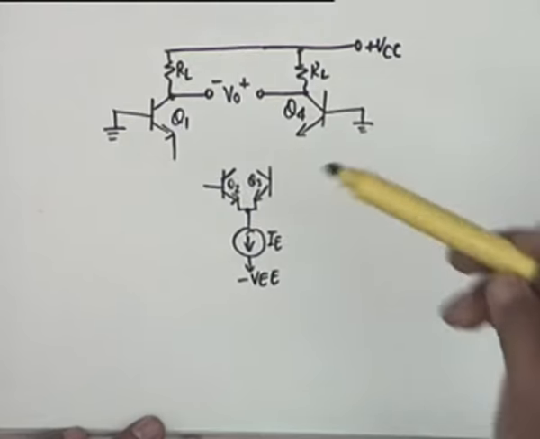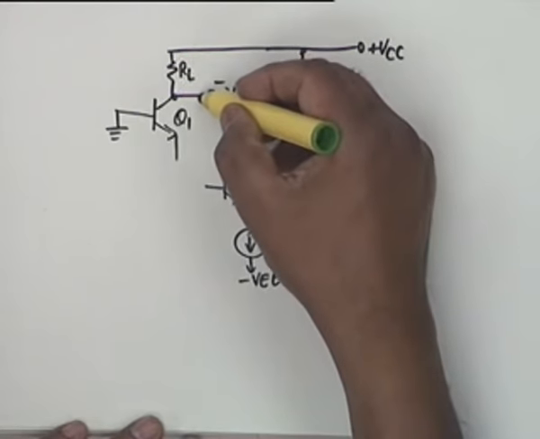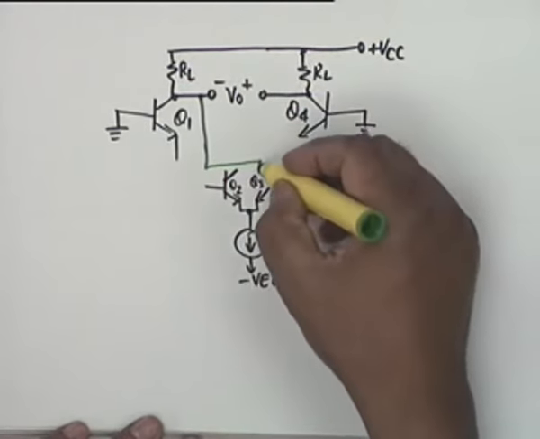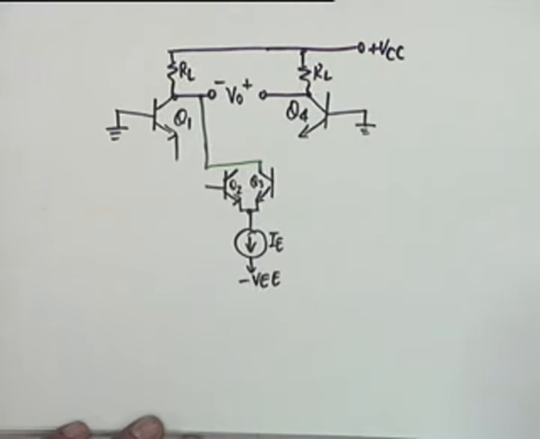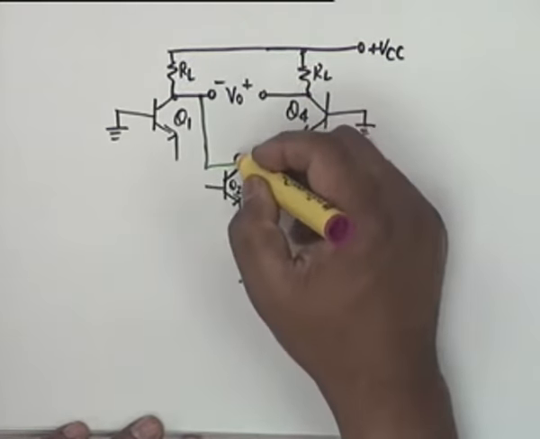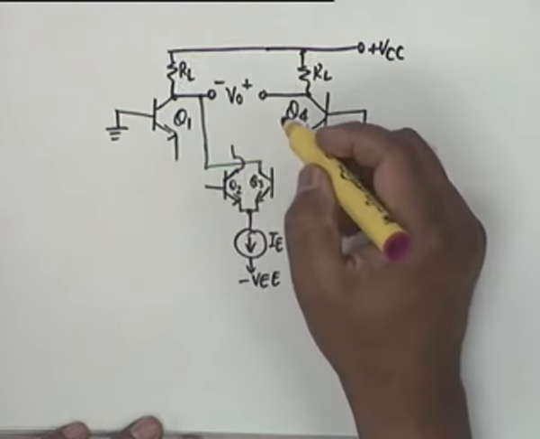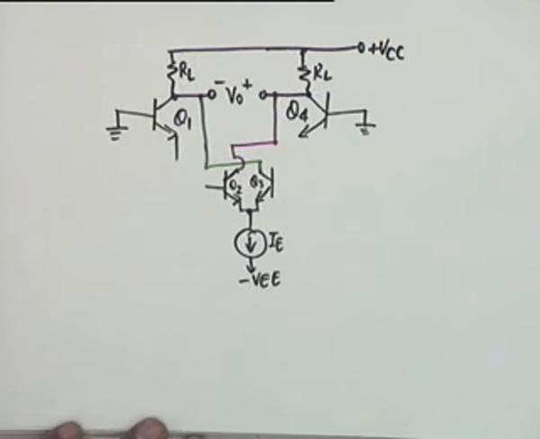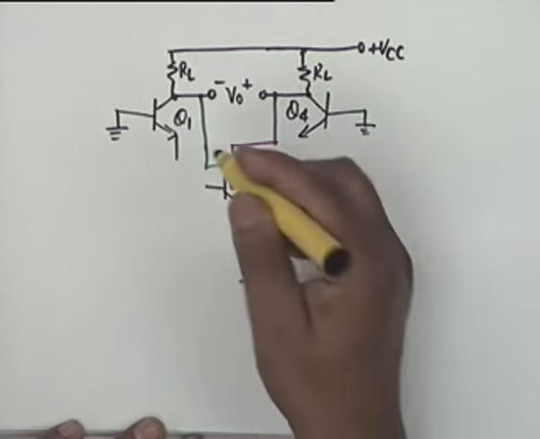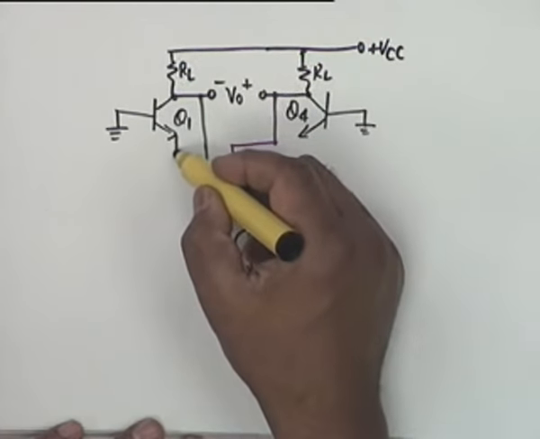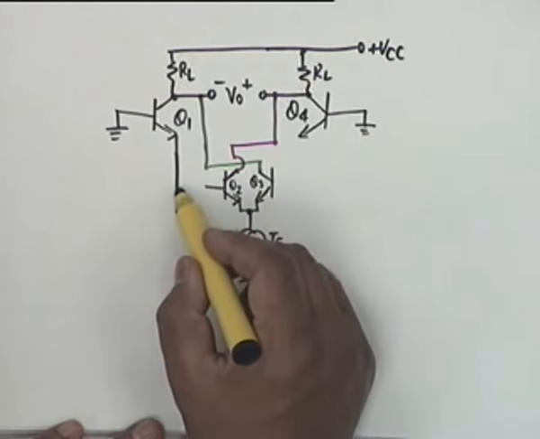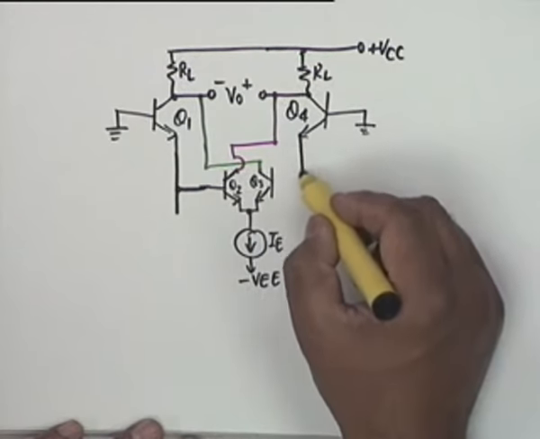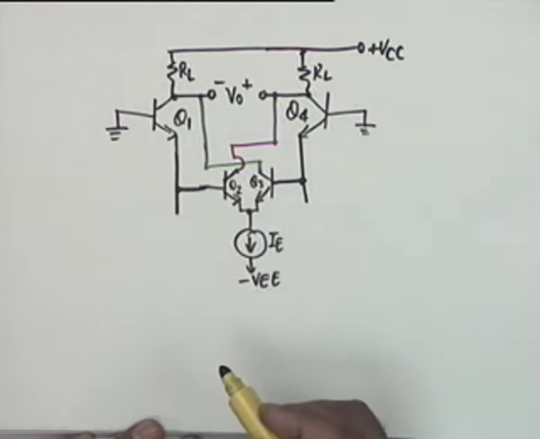That is, the collector of Q1 is connected to the collector of Q3, and the collector of Q2 is connected to the collector of Q4. This is the basic circuit, and in addition the emitter of Q1 is connected to the base of Q2, and the emitter of Q4 is connected to the base of Q3.